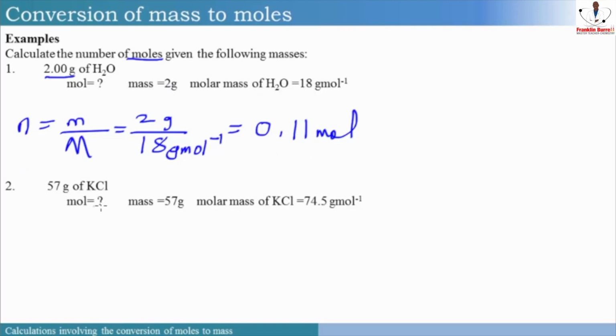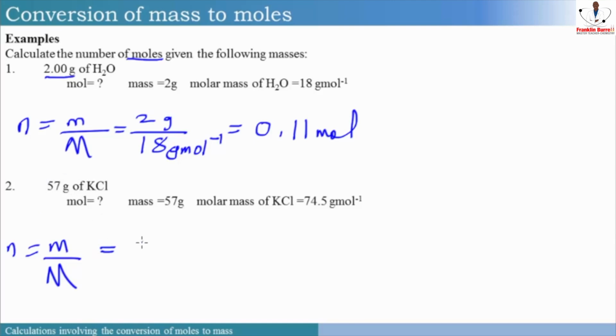Can you try example 2? What would you get if you calculate the moles of potassium chloride? Let us work it together. n equals m over molar mass. Remember, we are converting mass to moles. So we have mass divided by molar mass to get moles. So you identify that information from the question.